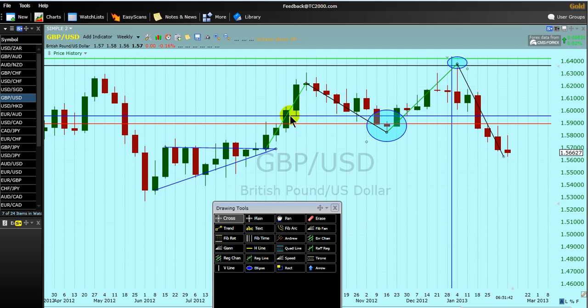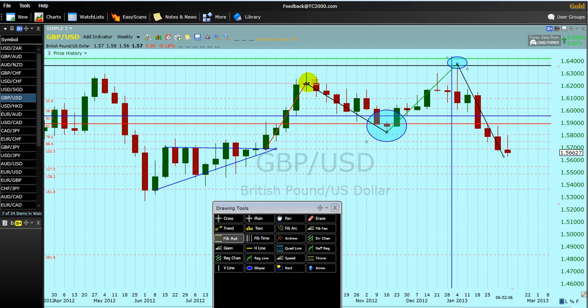This move from here to here is being corrected by the A, B, C. To cut a long story short, and to avoid the video being too long, we will expect, in the case of the expanded flat correction, the C corrective wave to go to the 1.7 Fibonacci extension of this move here.